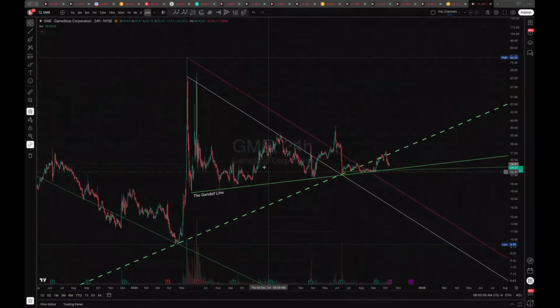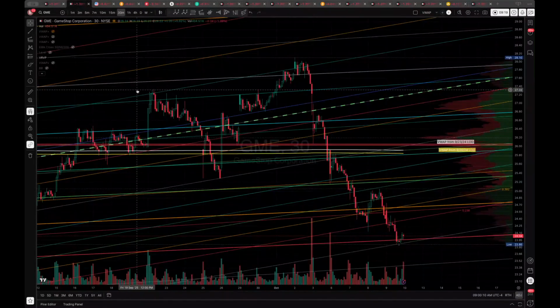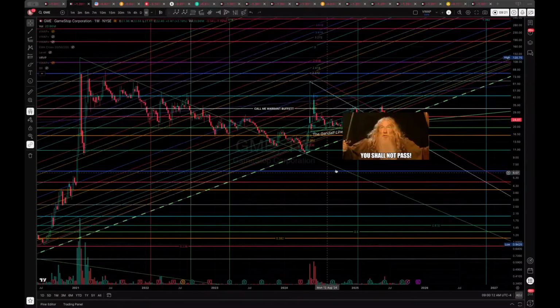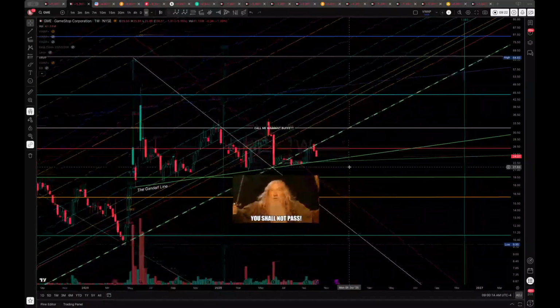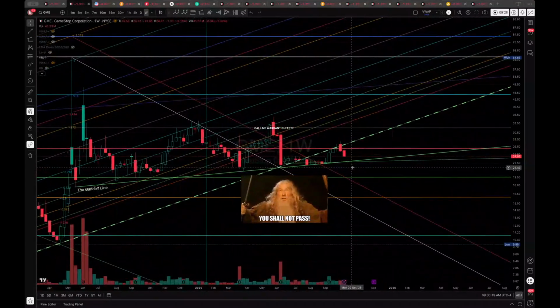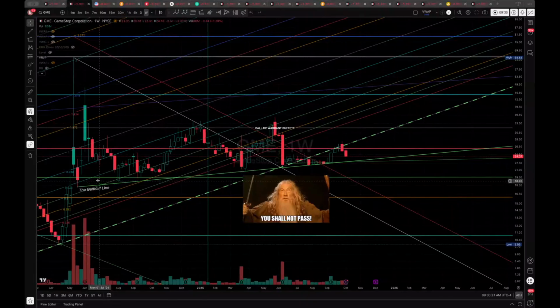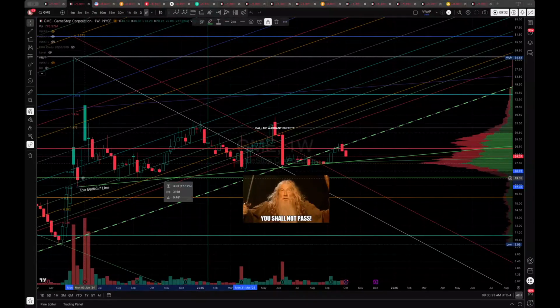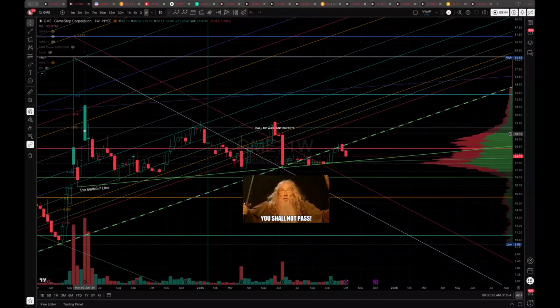I have the Gandalf line because, for anyone who hasn't seen it, this is why it's the Gandalf line. That was when we had the low coming off of the high in 2024, with fairly significant volume. That entire period, but it was pretty good volume coming off of that bottom.